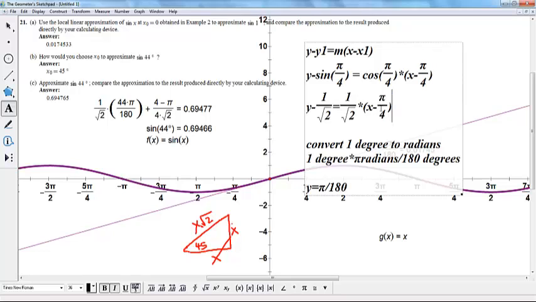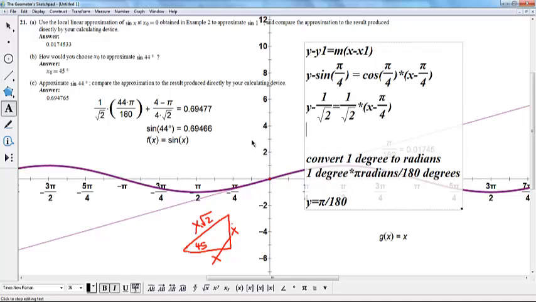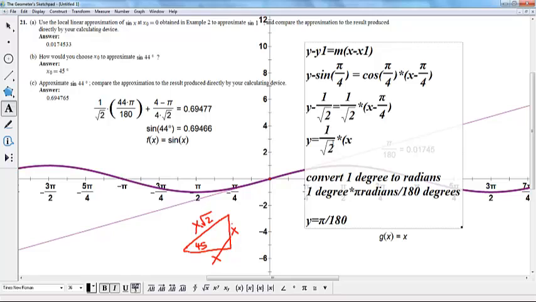All right, and now you can say y is equal to 1 over the square root of 2 times x plus, and now notice this is going to be 1 over the square root of 2 times pi over 4, minus 1 over the square root of 2.